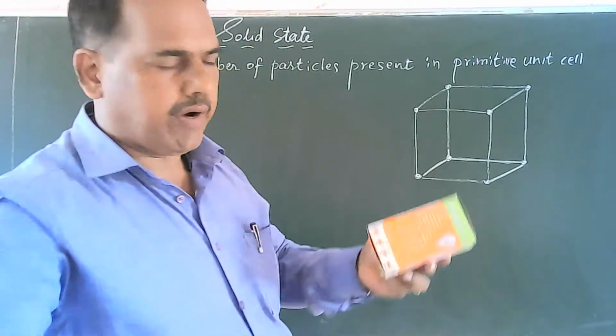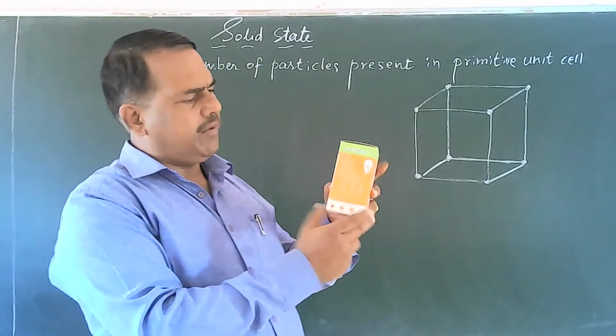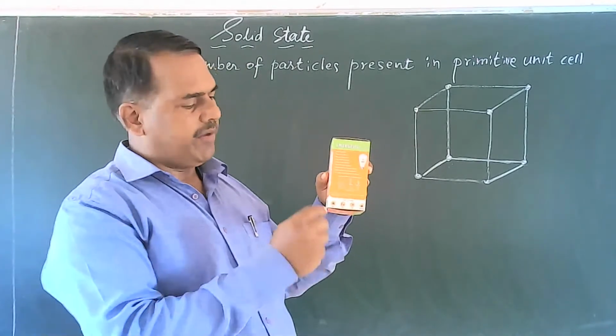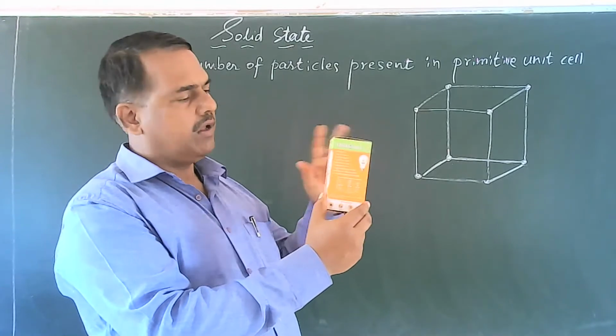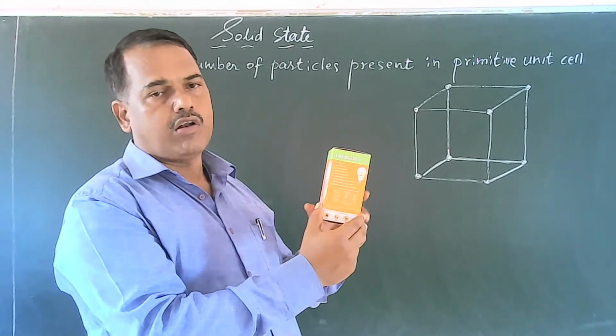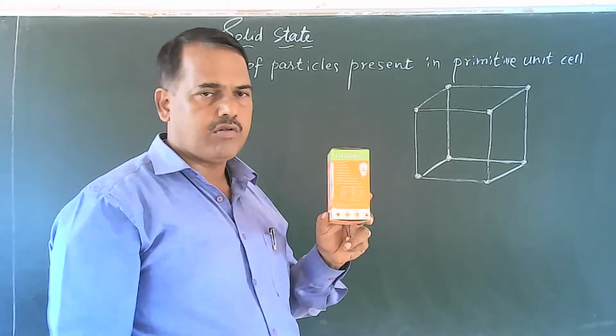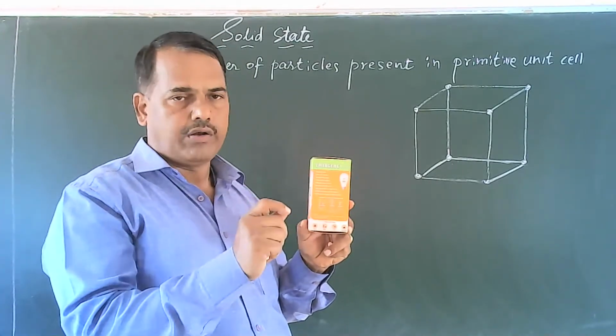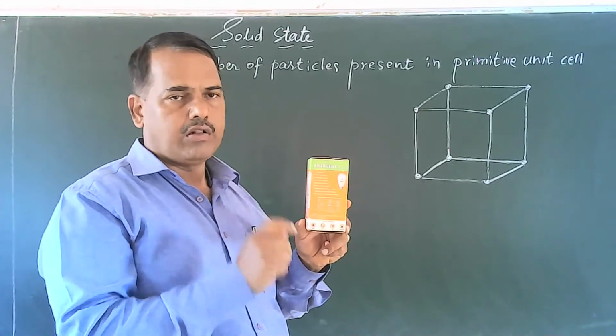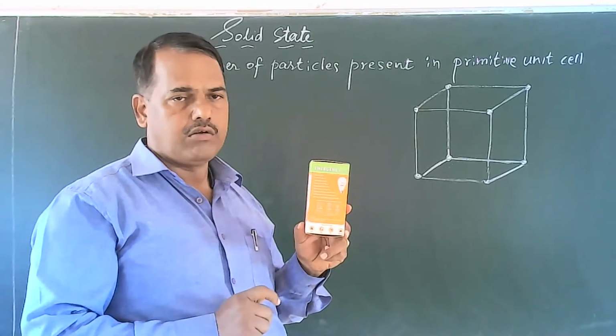We can easily see this in the type of unit cell, where any face you can see. How many corners? 1, 2, 3, 4. Another back side. How many corners are there? 8 corners. Just to identify and understand it, we have to understand, then we can easily write.